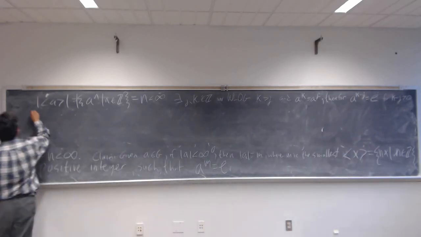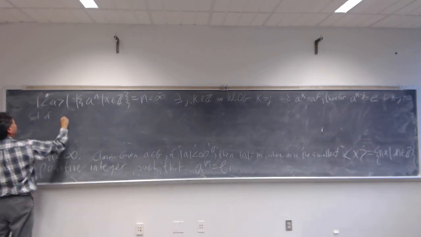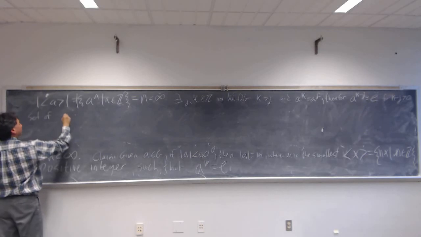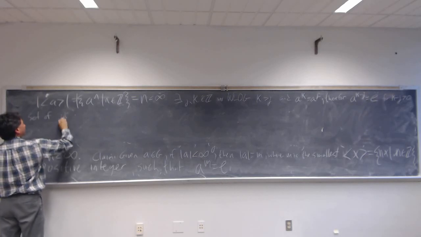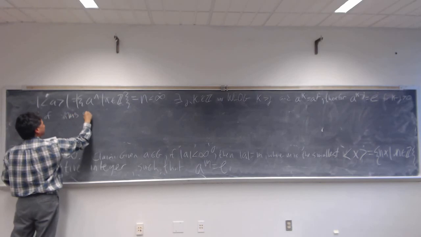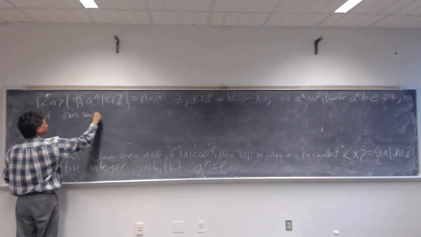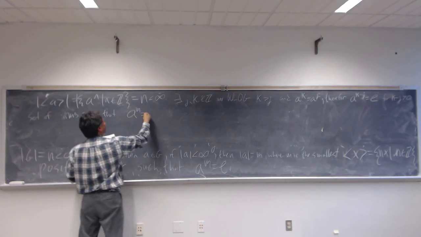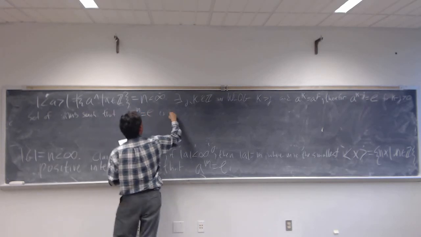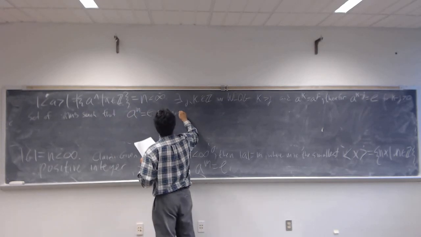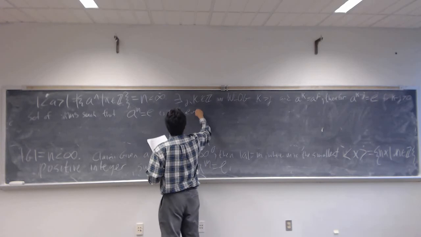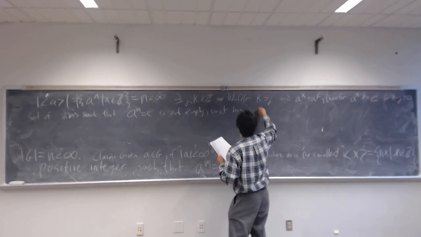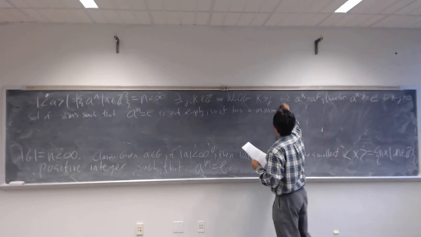So the set of m's or k's, whatever integer you want to use, such that a to the m is equal to the identity, is not empty. So it has a minimum positive element.